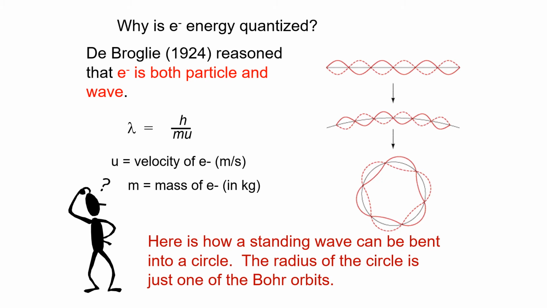Okay? So wavelength equals Planck's constant divided by the mass of an electron in kilograms times the velocity of the particle in meters per second. Okay.